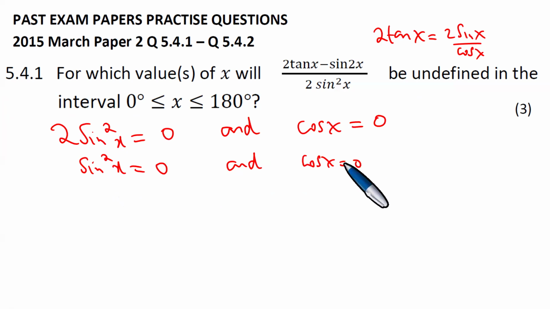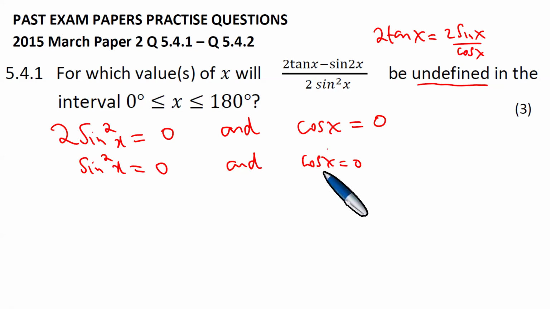Why is cosine x equals 0? That's a good question. Cosine x equals 0 because we are looking for where this expression is undefined, and obviously it is undefined whenever the denominator is 0.